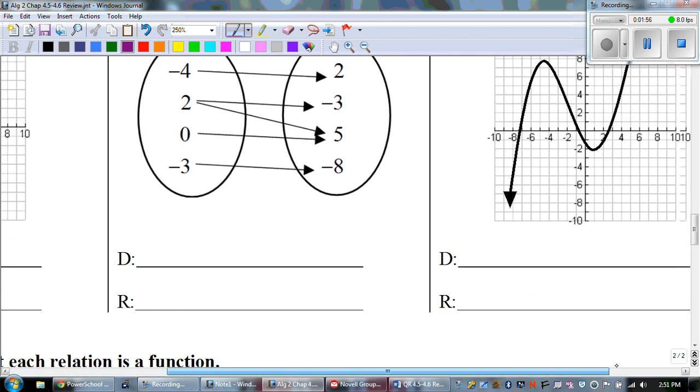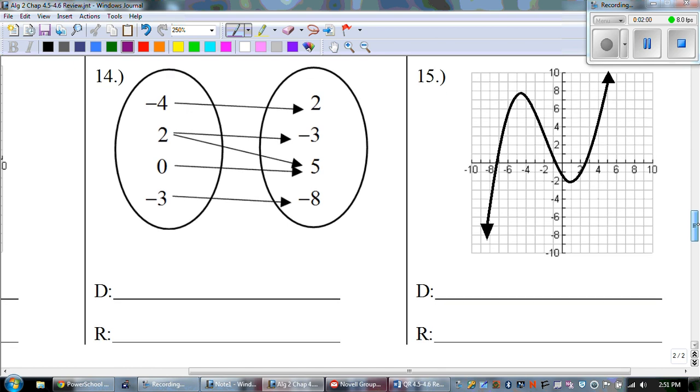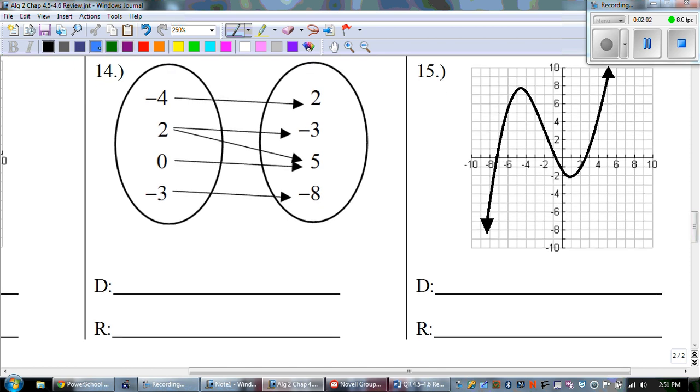All right, number 14. Okay, our domain, remember the domain is the first set, okay? These would be our x's and those would be our y's, the input versus the output. So when we're talking about domain, we're talking about x, and now we want to put these in numerical order.